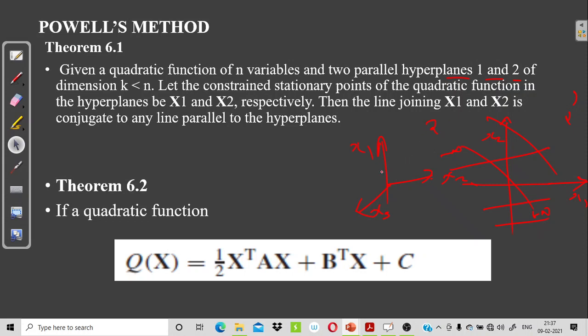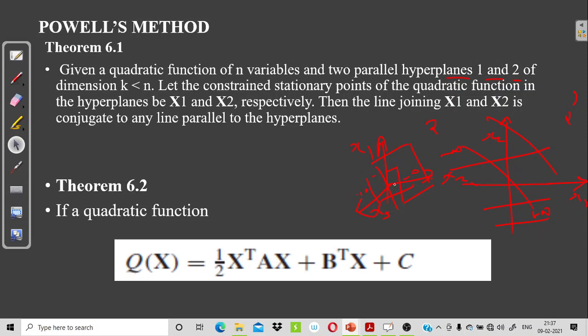That means it will be the set of all possible planes in a three-dimensional space like this, extending from minus infinity to plus infinity.